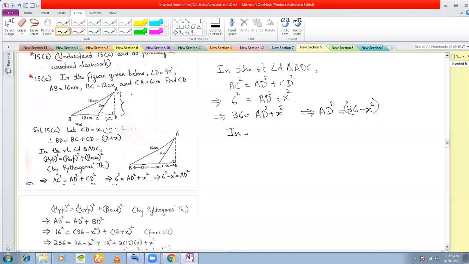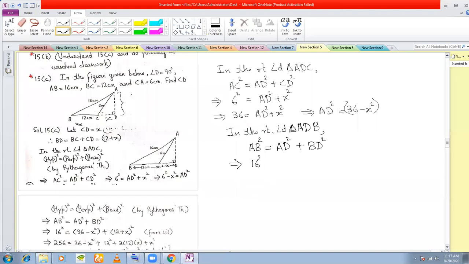Now we'll consider the larger right angle triangle. In the right angle triangle ADB, which one is the hypotenuse here? AB. So AB square, hypotenuse square, is equal to perpendicular square, AD square, plus base square, which is BD square. Now, what is AB?